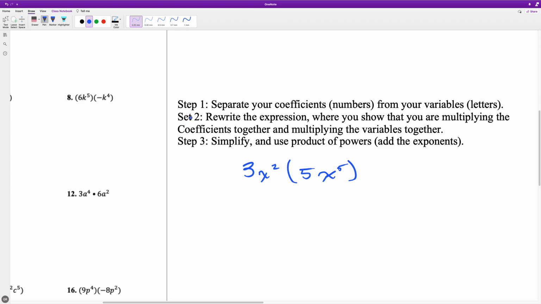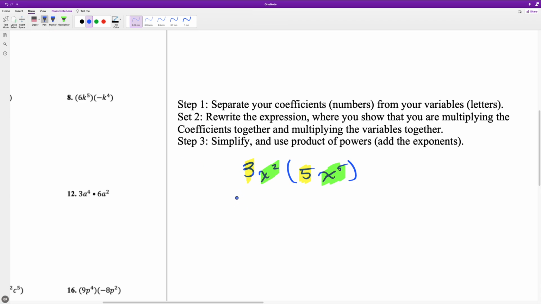Step one and step two, you could say are partly the same, they're mixed in together. So you're going to separate. Let me use a highlighter. We're going to separate our coefficients together, and then we're going to separate our variables together. See that?